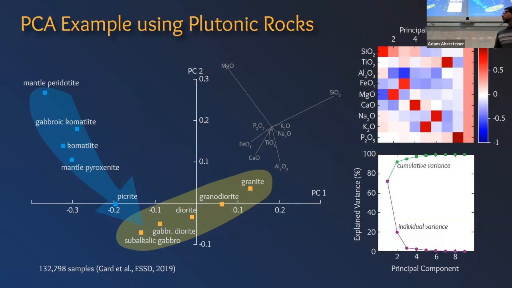In the end, I've taken the average of each of these rock types and then plotted its score on the principal component 1 and principal component 2 axis.